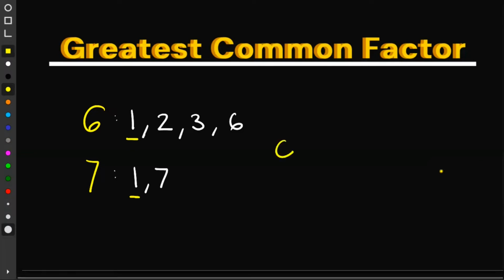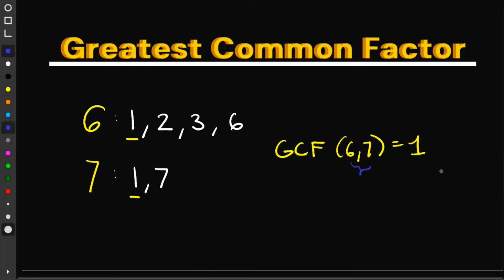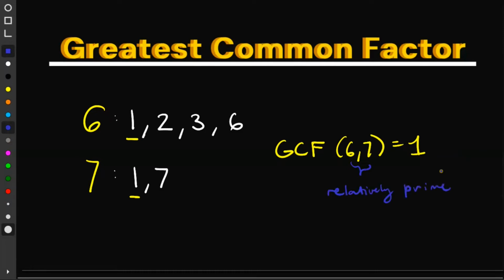So the GCF of 6 and 7 is 1. When this happens, we say that 6 and 7 are relatively prime. So take note of that term.